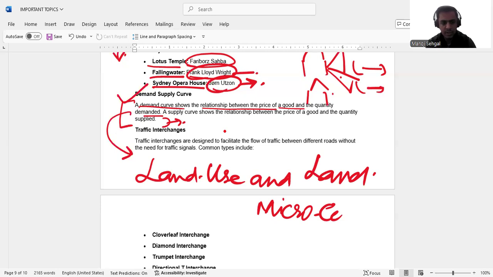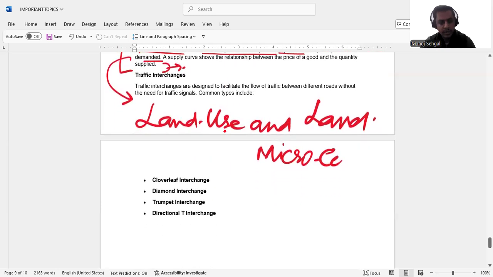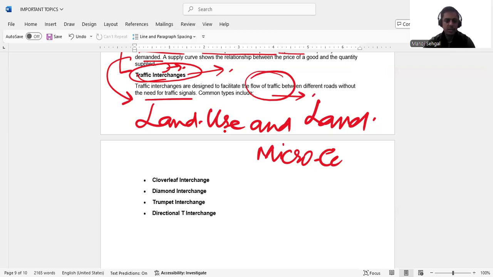Moving on, we have the case of important traffic interchanges that have been recently asked in a very repetitive manner. The traffic interchanges are designed to facilitate the flow of traffic between different roads without the need of traffic signals.